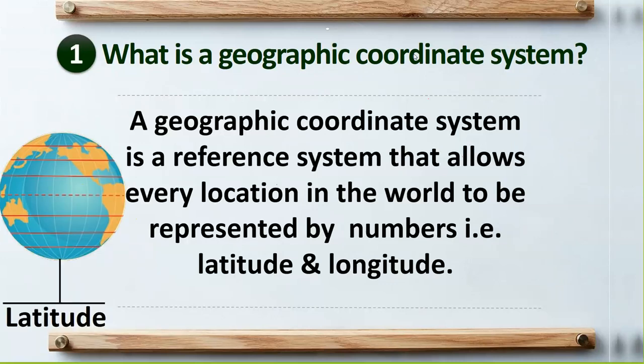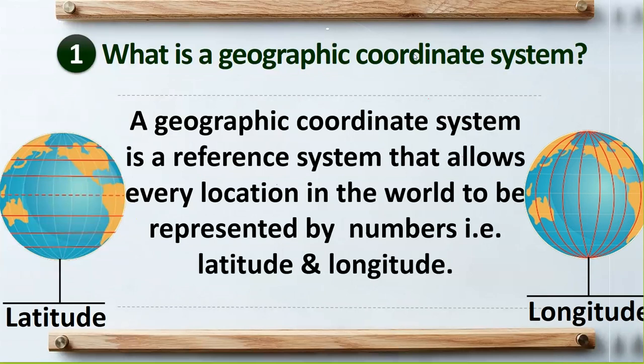When you are talking about latitude, it's just these parallel lines that you can see on the globe. By the way, our world is like a globe, and you might have seen this being represented. The lines that you see on the screen, the red ones, are showing you the latitude. The other one is the longitude. They are more or less vertical.